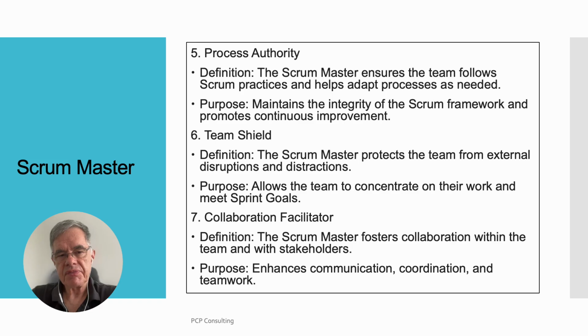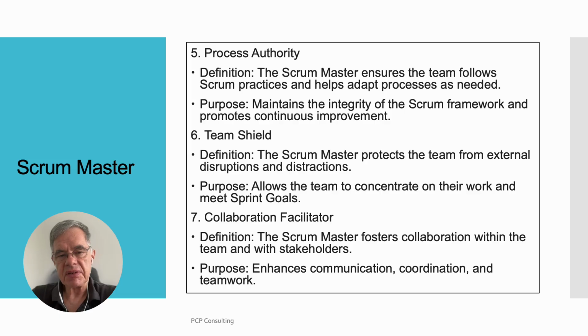Process authority. The Scrum Master ensures the team follows Scrum practices and helps adapt processes as needed. Maintains the integrity of the Scrum framework and promotes continuous improvement. Team Shield. The Scrum Master protects the team from external disruptions and distractions, allows the team to concentrate on their work and meet sprint goals.